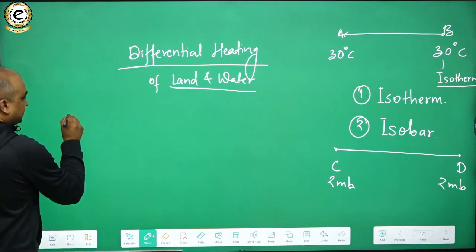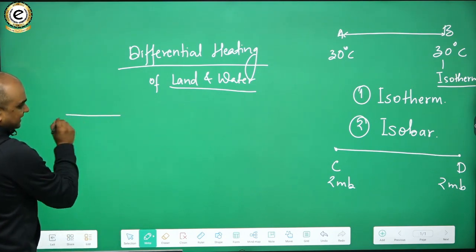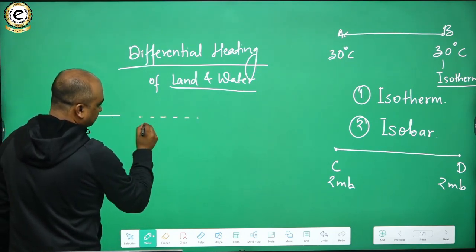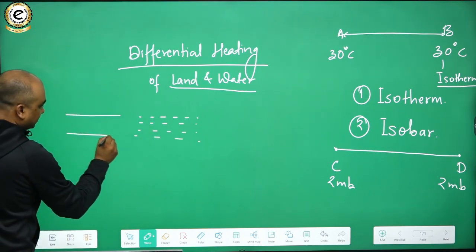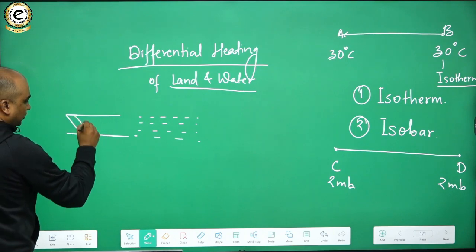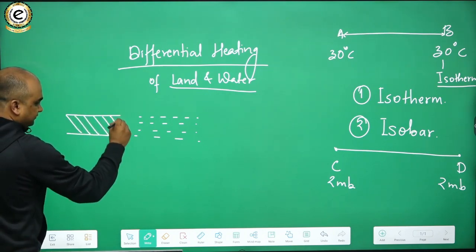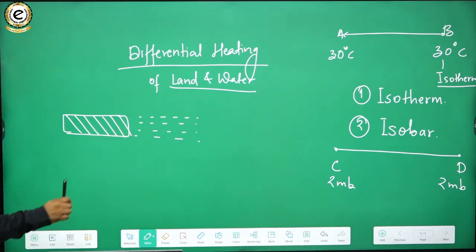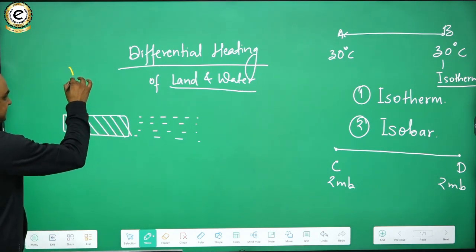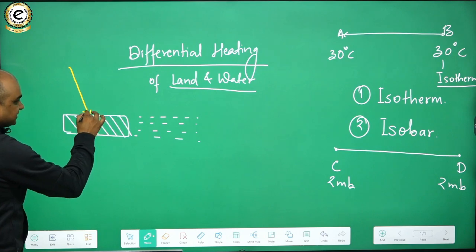First, take a look at this. Suppose this is land surface and this is water. Let me take the same cross section for both land and water. Now imagine that there is an incident ray of sunlight.